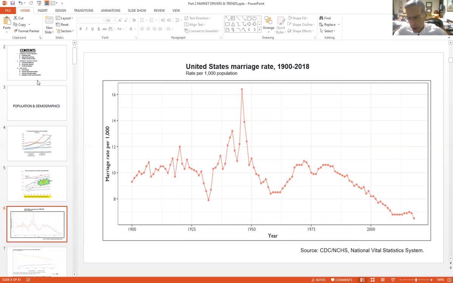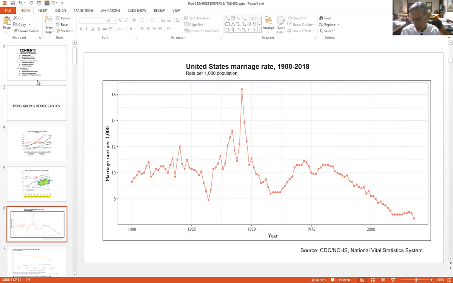Now let's take a look at the way in which population age groups, particularly the younger ones, are created. And that's through marriage, of course, at least to some extent. And we can see that marriage rates have really declined in recent years, since about 1978, perhaps.